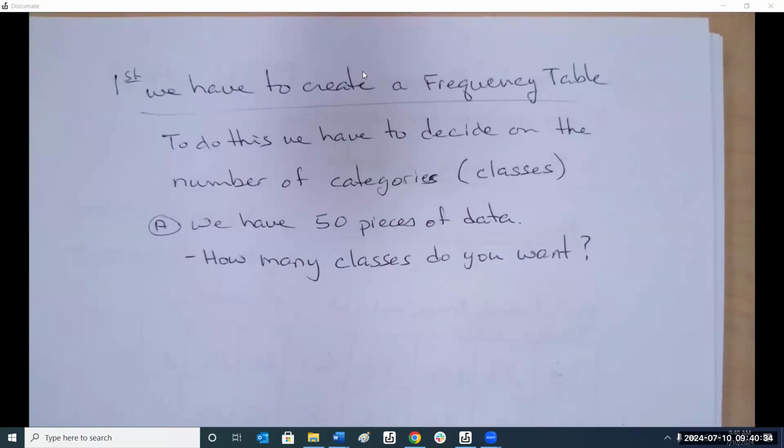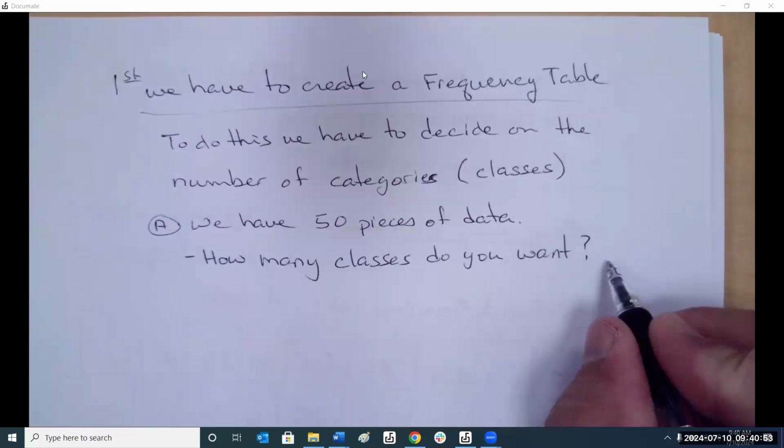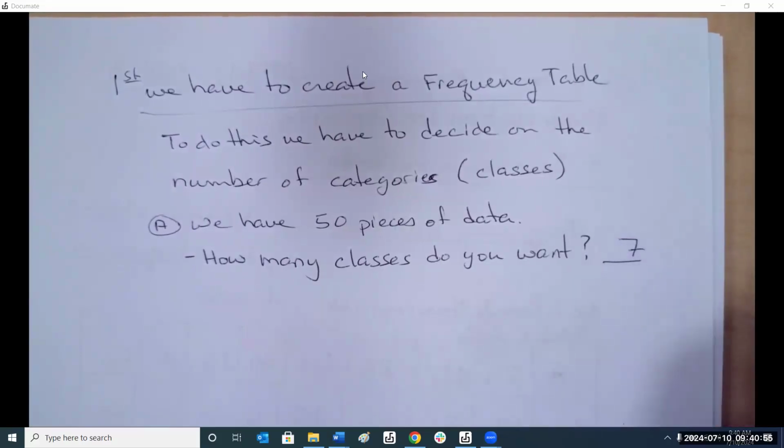Because what the class is going to do is now we're going to find intervals. We're going to take these numbers and put them in intervals. That way we don't have to list one of each number. That would just be ridiculous. But we're going to talk about those in a second. So for this one, let's say we want 7 classes or 7 intervals.